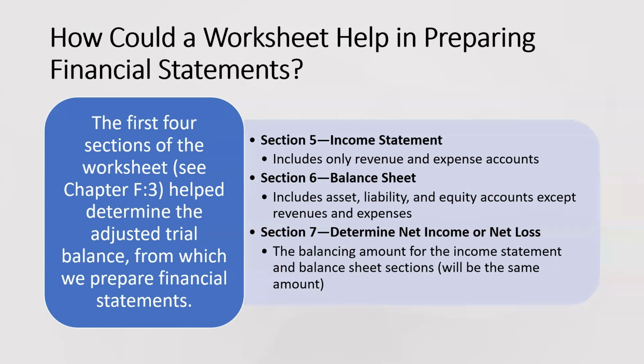Now, if there is a net income, you enter the balance in the debit column of the income statement section and the credit column of the balance sheet section. If there's a net loss, you enter the balance in the credit column of the income statement section and the debit column of the balance sheet section.